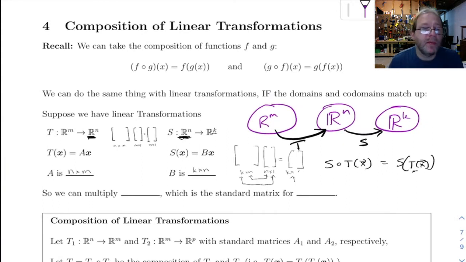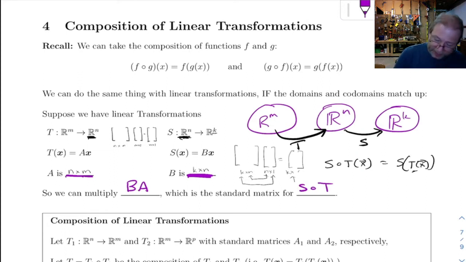So which way can we multiply these? Can we multiply AB or can we multiply BA? Well, it looks like we can multiply B times A. And that's going to be the standard matrix for, since A is the first one applied, that's T, so you get S of T there.